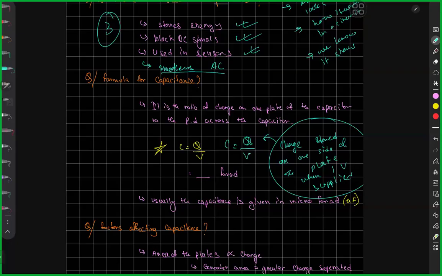What this will give me, so if I plug in 10 volts of supplied voltage in a circuit, and the charge stored becomes, let's say, 100 coulombs. Okay, what will my end result be?